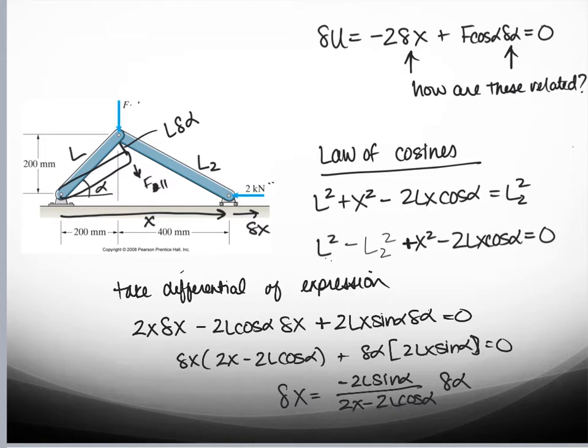So this is a relationship between delta x and delta alpha. And just to look at it here, you might notice this negative sign and wonder what that's all about. Let's think about that. The reason is because if you get an increase in delta x, delta alpha actually is negative. That's why there's that negative sign there, because as my angle goes down, my delta x is increasing.